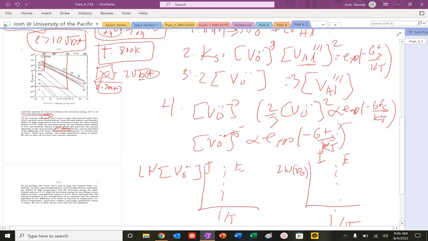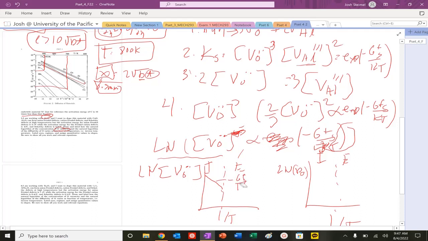So I'm plotting 1 over T, right? I'm going to put in the natural log here. So with the natural log, I'm going to already get rid of that before I even do the natural log. Once I do the natural log, I get rid of this here. So I'm left with an expression where I have my y, which is this, my 1 over T, which is x, and then the slope is minus G formation of Schottky over 5k.